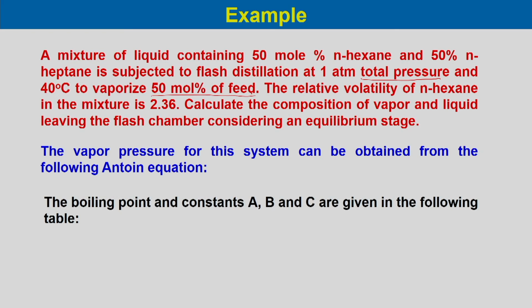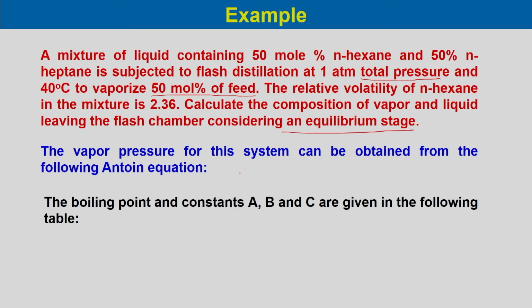So, 50% is vaporized. The relative volatility of N-hexane in the mixture is 2.36. Now, we need to calculate the composition of the vapor and liquid leaving the flash chamber considering an equilibrium stage.